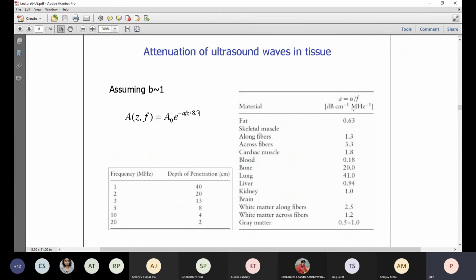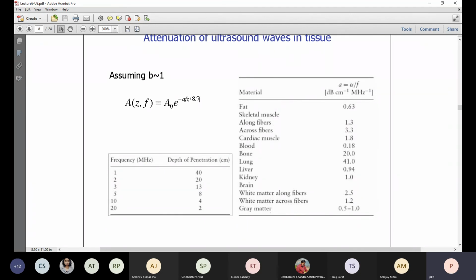So this small a is given as normalized in terms of frequency. As we can see, a lot of discontinuities are there in lung because of air trapped in alveoli, so their attenuation is the highest. Bone is also porous, and there is a lot of trapped minerals in bone, which also gives rise to high attenuation.